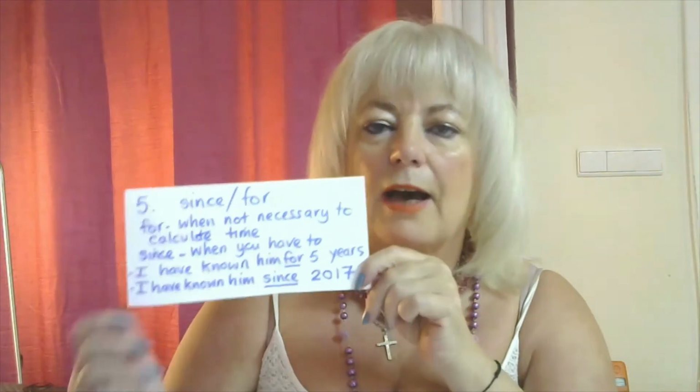So the 5th common mistake is the difference between since and for. Okay? Since and for. When do we use since and when do we use for? Well, for we use when it's not necessary to calculate the time. Cuando no sea necesario calcular la cantidad del tiempo.